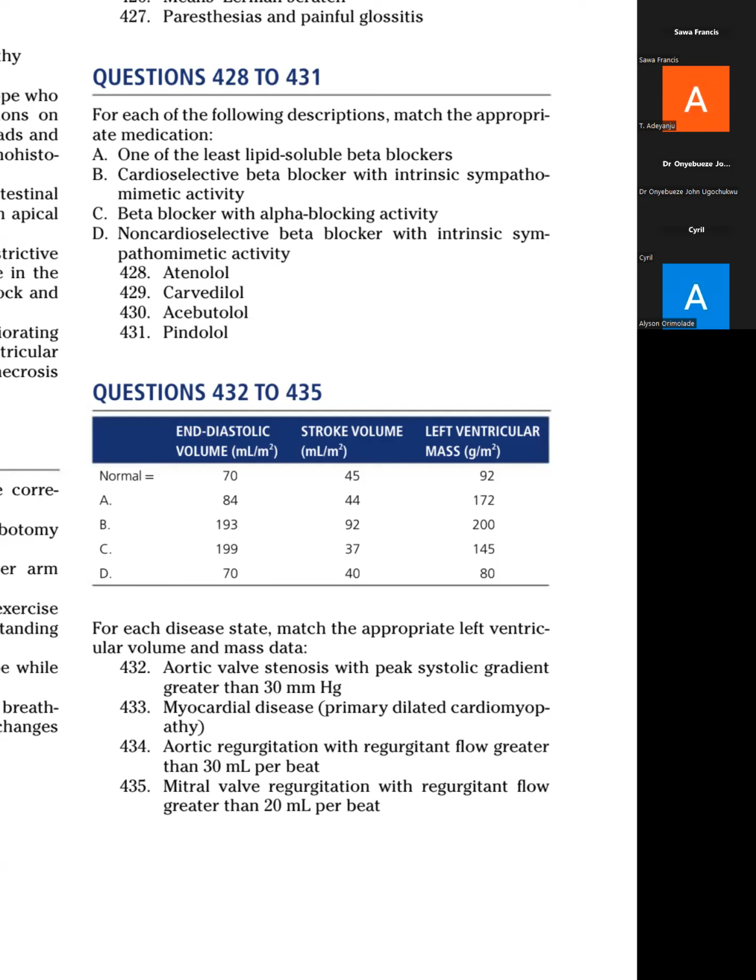That is to say, both the chamber will be dilated, stroke volume will be increased, and the mass will be increased. Mass increased, stroke volume increased, and the end diastolic volume will increase. That is, I will equally choose B again for this 435.